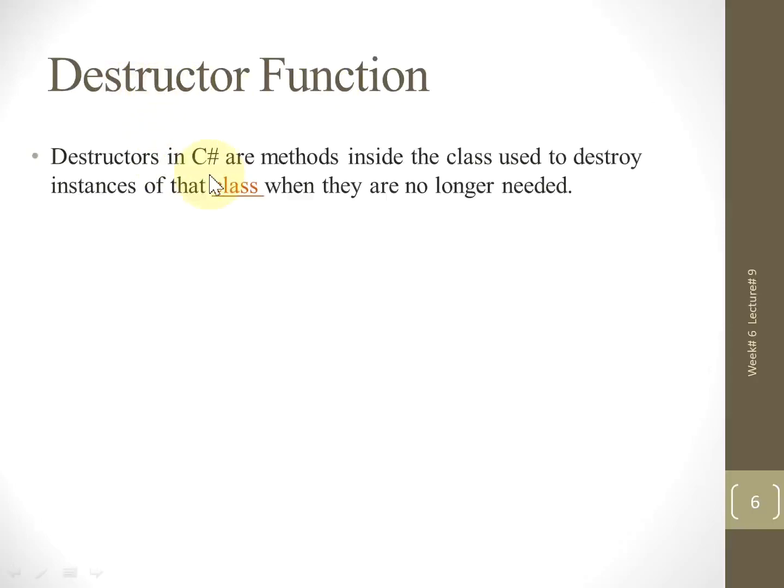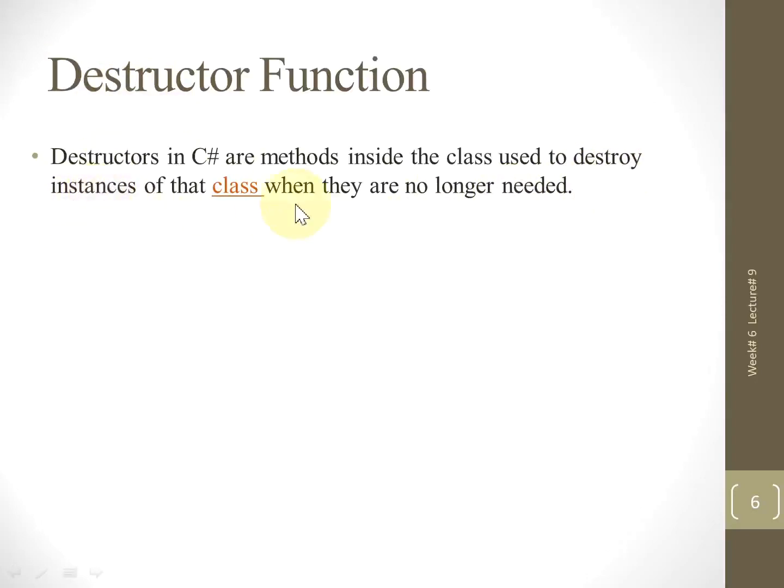Destructors in C# are methods inside the class used to destroy the instance of that class when it is no longer needed. So this function is used for the destruction of the instance of the object.